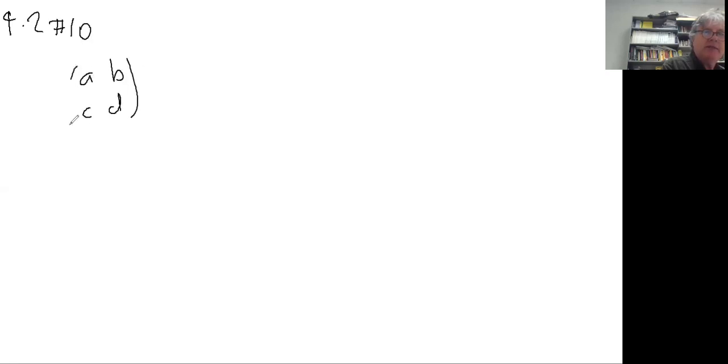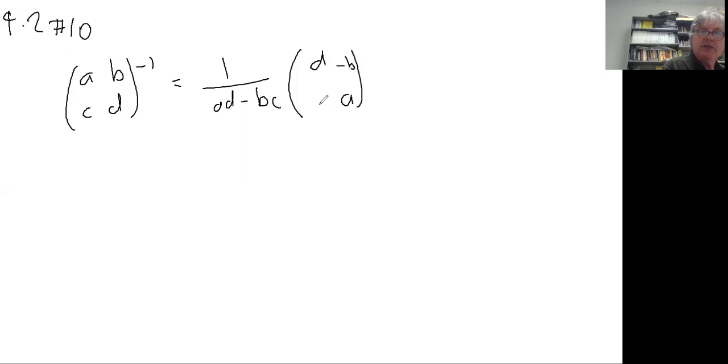Okay, let's have a look at the problems in section 4.2. In 4.2 number 10, you would verify that the inverse of A, B, C, D is 1 over AD minus BC times, you swap the main diagonal, and then you subtract the off diagonal.